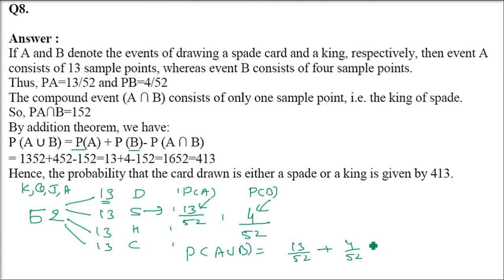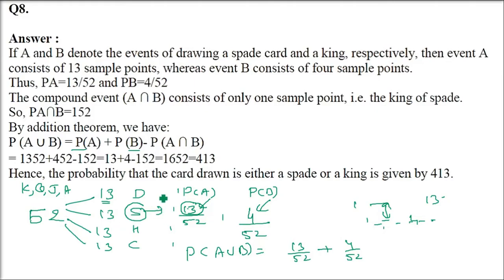And what is the intersection? If you remember, there are 13 spades and there are 4 kings, but only one king matches with the 13 spades. So the intersection of these two events, a king and a spade, will give you only one.